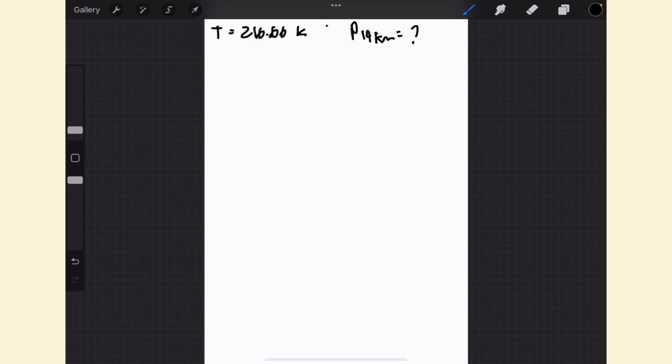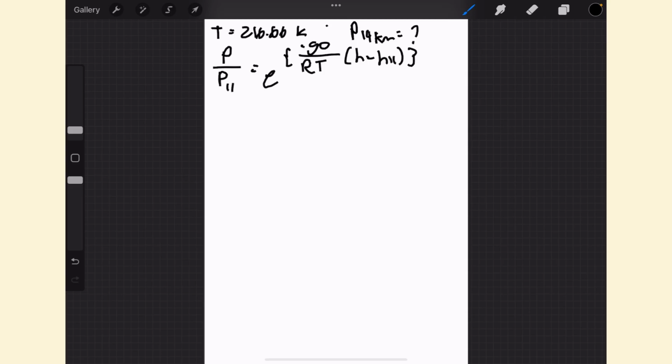So, ang ating working formula ay magiging P over P sub 11 is equal to e to the power of negative g over gas constant times temperature.